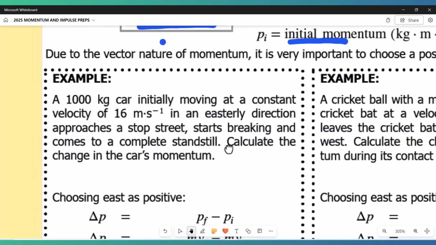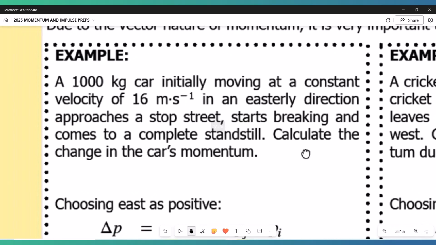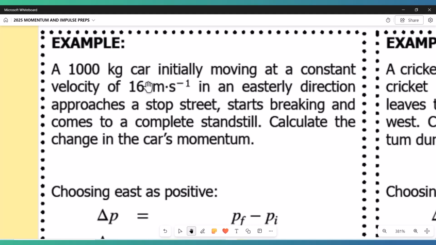It says that a 1,000-kilogram car initially moving at a constant velocity of 16 meters per second in an easterly direction approaches a stop street, starts braking, and comes to a complete standstill. Calculate the change in the car's momentum.